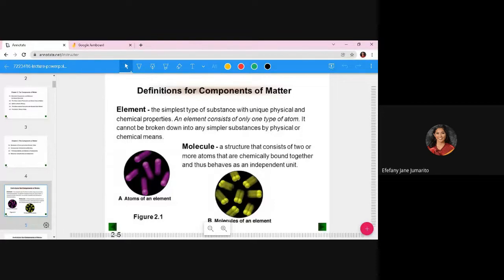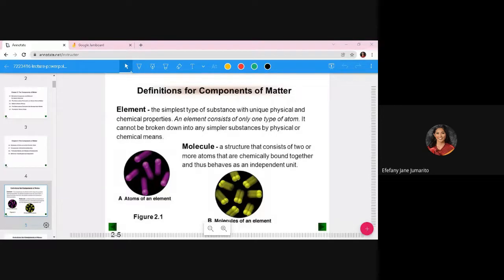So how many atoms? Since there are 118 elements, there are also 118 atoms in the periodic table.